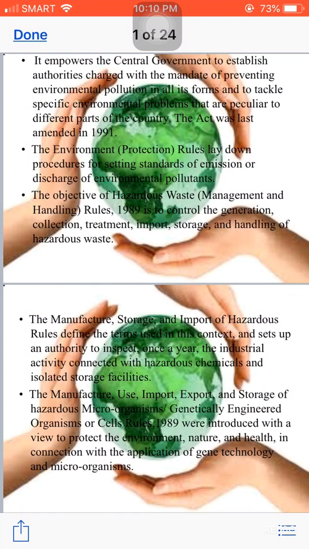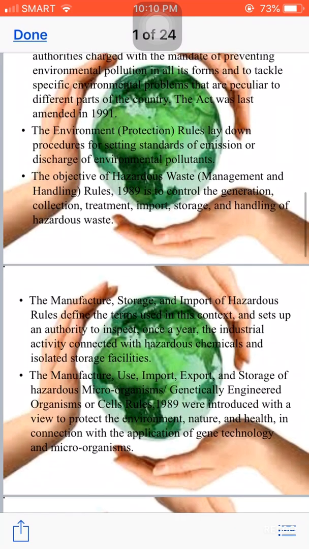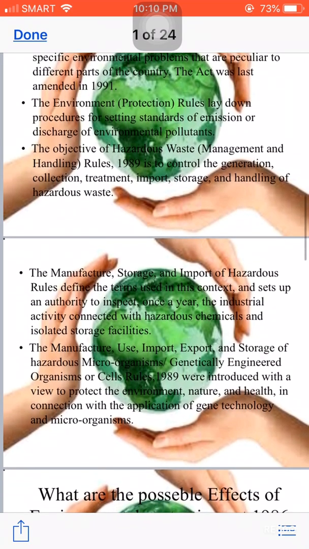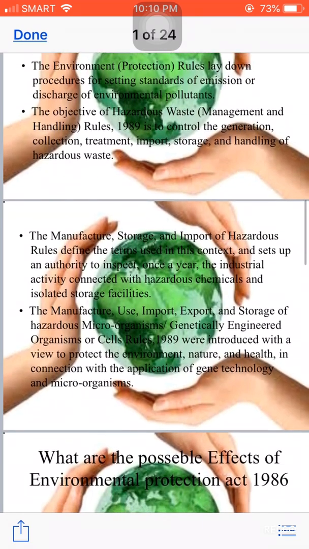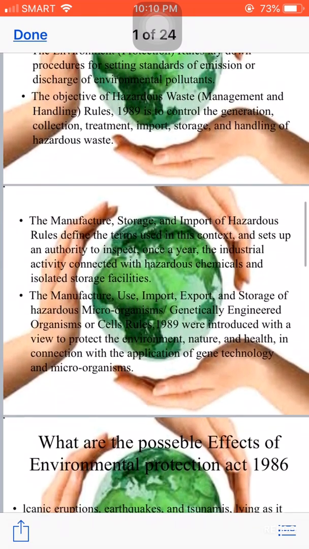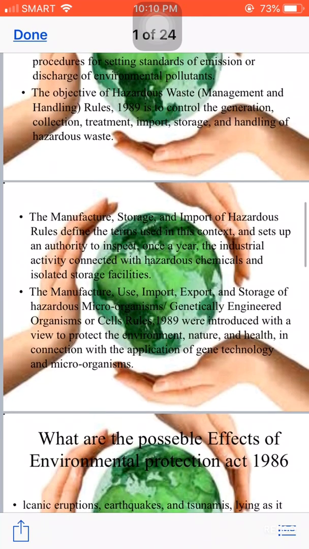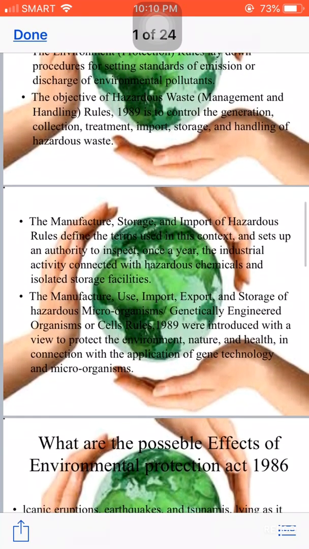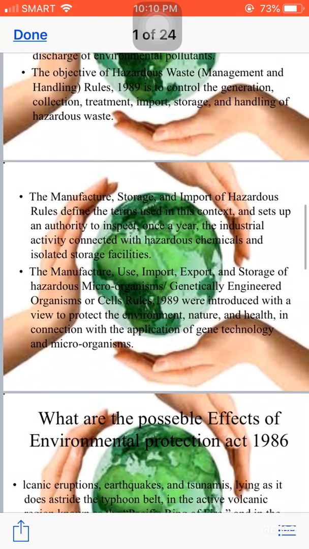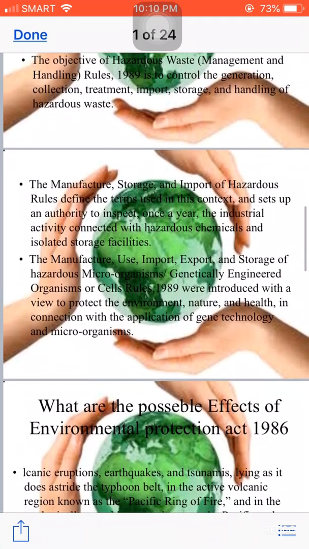The environmental protection rules laid down procedures for setting standards of emission or discharge of environmental pollutants. The objective of the Hazardous Waste Management and Handling Rules 1989 is to control the generation, collection, treatment, import, storage, and handling of hazardous waste.